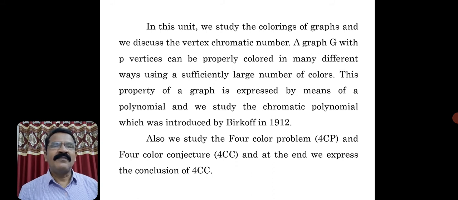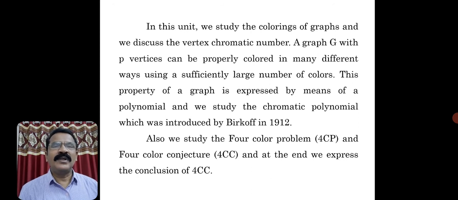A graph G with P vertices can be properly colored in many different ways. What do we mean by properly colored? No two adjacent vertices have the same color, so the adjacent vertices must be colored with different colors. It can be properly colored in many different ways using a sufficiently large number of colors.